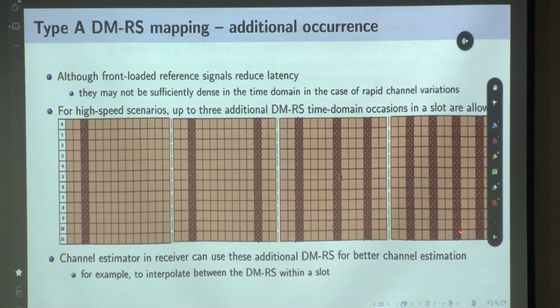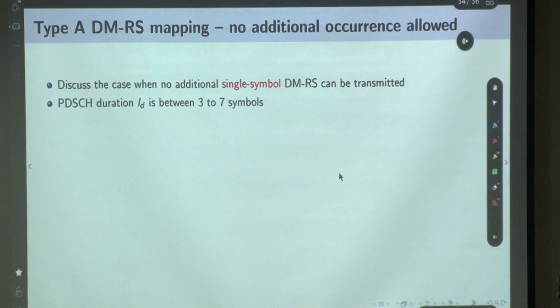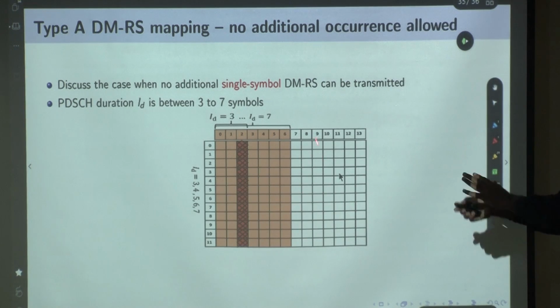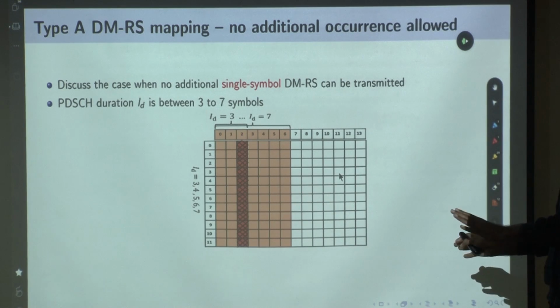But before that you have already defined these occurrences, which essentially means that data is spanning the whole slot. Because how did you define? First you defined this, where the basic assumption is that data is spanning the whole slot. If data is not spanning the whole slot, you don't care. Then this is defined as the additional occurrence. So if data is coming till here, then what the standard says is: forget it, you don't assign any additional DMRS symbol.